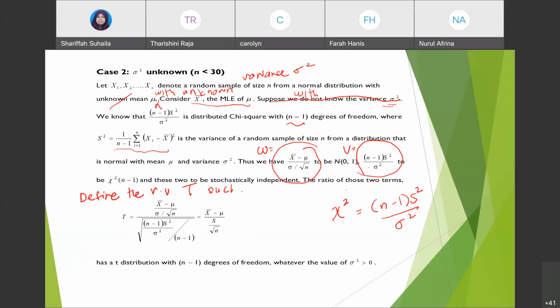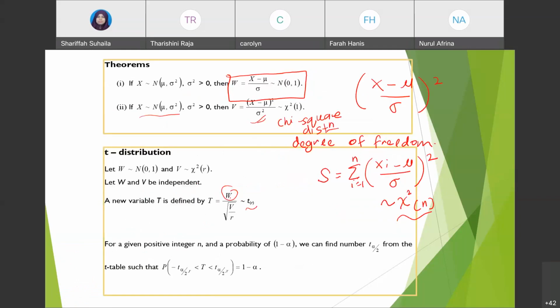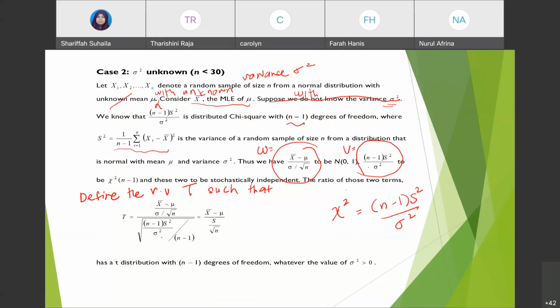Okay, such that t is given as the ratio of w, okay, divide by square root of v divide by r. Ini ini. W standard normal kamu divide by square root of v, kamu punya square tadi divide by degree of freedom. Okay, here. W, this is V, degree of freedom dia, n minus 1. Okay, kita ambil ratio dia.